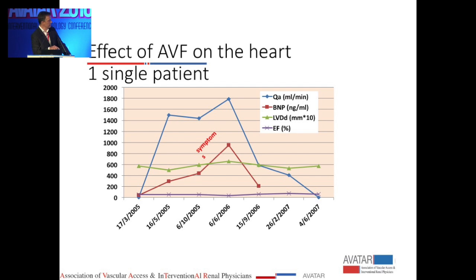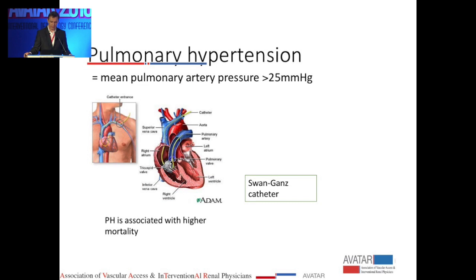Together with the spontaneous increase of flow volume, there was an increase of BNP and also an increase of left ventricular diastolic diameter. The lady developed symptoms, therefore surgical banding of the access was indicated, and again the flow volume decreased as well as BNP and left ventricular diastolic diameter. So it seems that the changes we observe are reversible, or at least to some extent reversible.